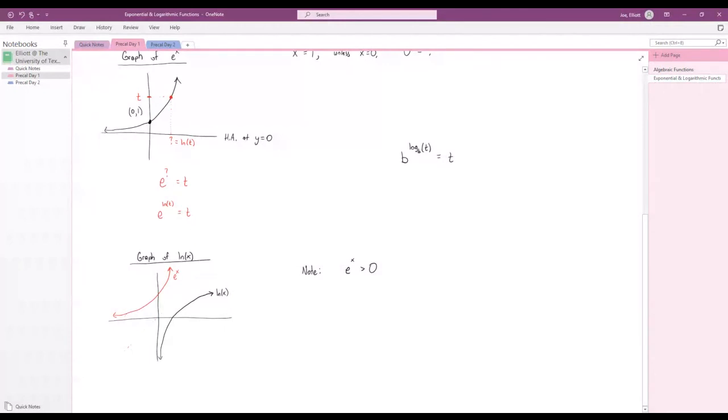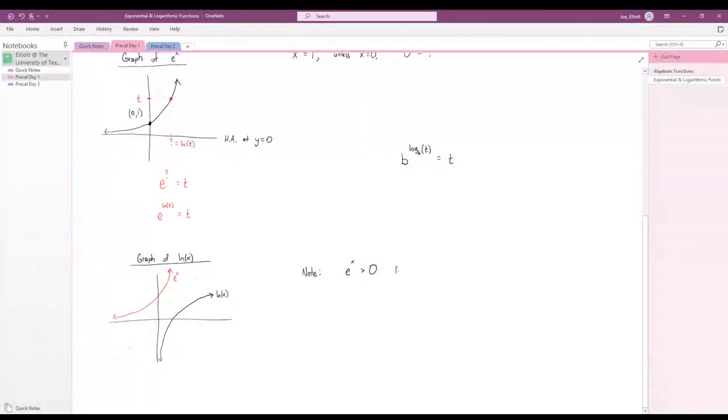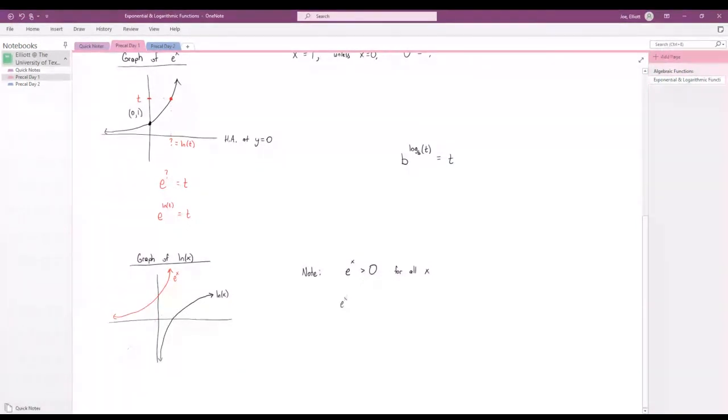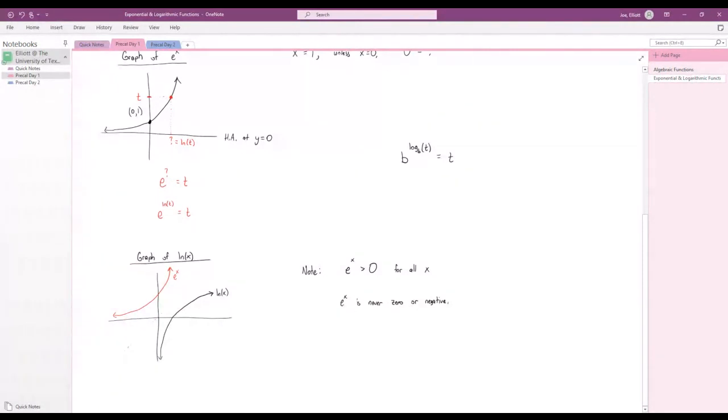It never dips below the x-axis, so it's never negative. It never equals 0 either, so it never actually touches the x-axis anywhere. This is often good to know when you're solving equations involving the exponential.